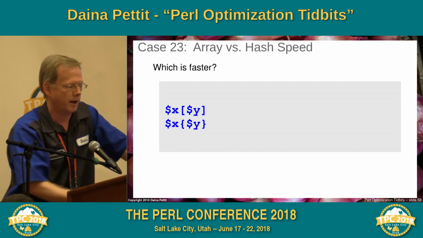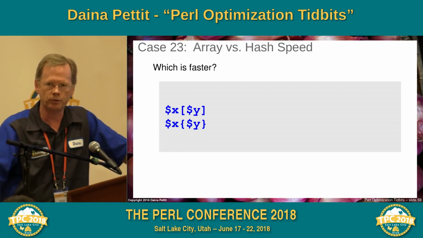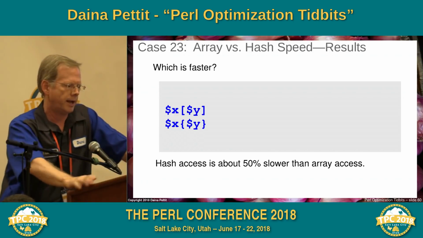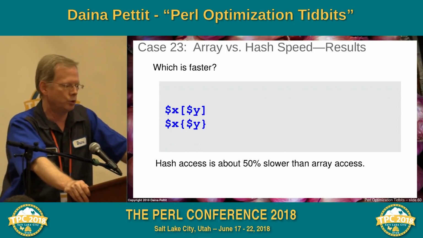I've always been told, oh, hashes are really fast. That's why we use hashes so much. They're just so fast. It turns out indexing into a hash is slower than indexing into an array. So if you have a choice, if it matters, you might want to use an array.